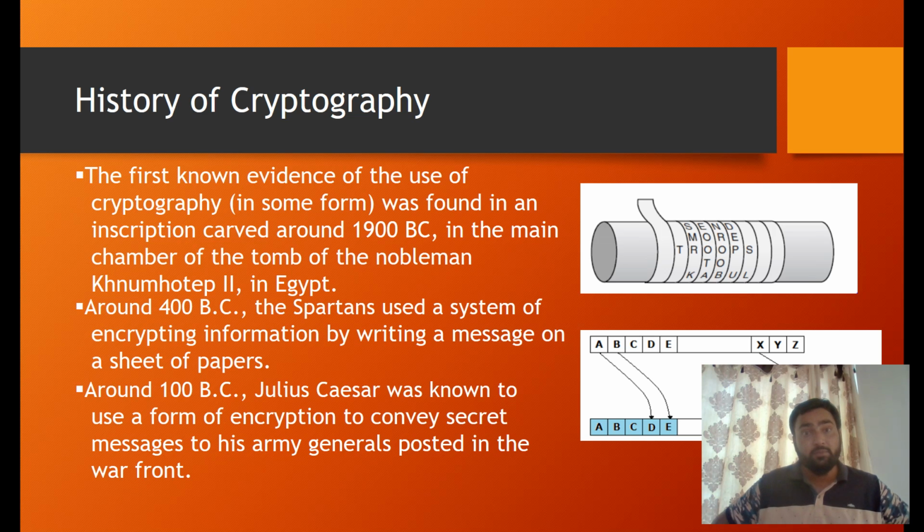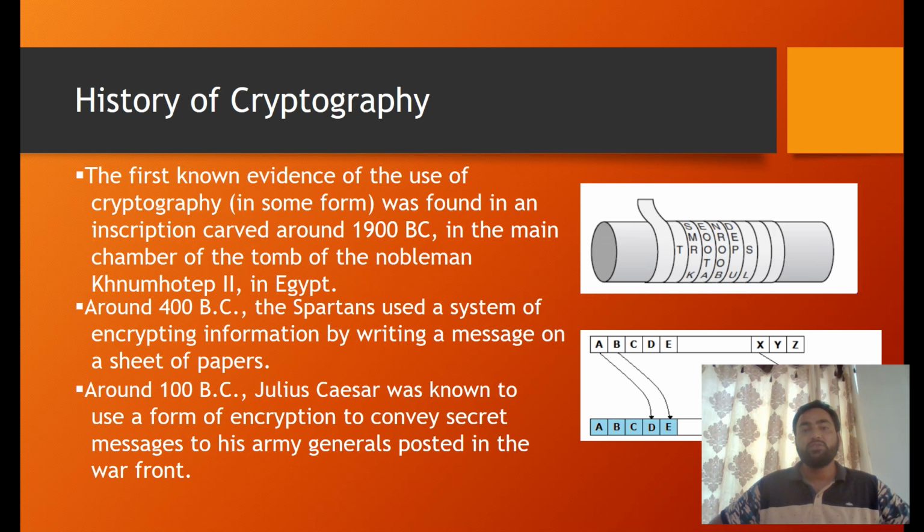This is the history of cryptography. In 1900 BC it was first found to be used in an inscription carved in the main chamber of the tomb of the nobleman Khnumhotep II in Egypt. Around 400 BC, the Spartans used a system of encrypting information by writing a message on a strip of paper.